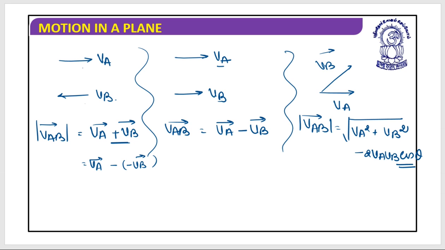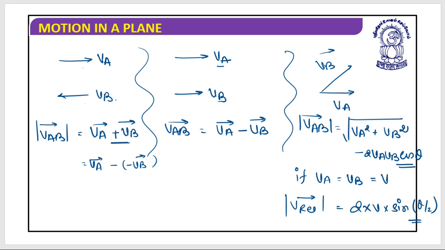One special case was that if VA and VB are of the same magnitude, say V, then the magnitude of V relative will be 2 V sine of theta by 2. That is all we have learned up till now. Is it clear? Is there anything in which you have any doubts?